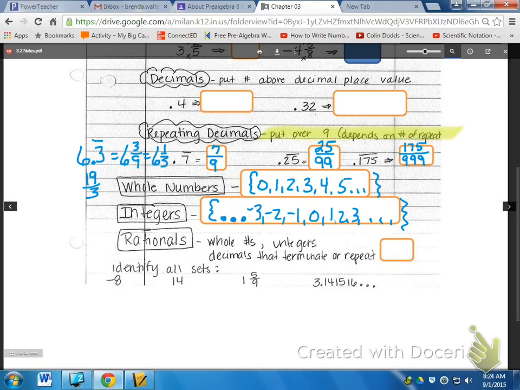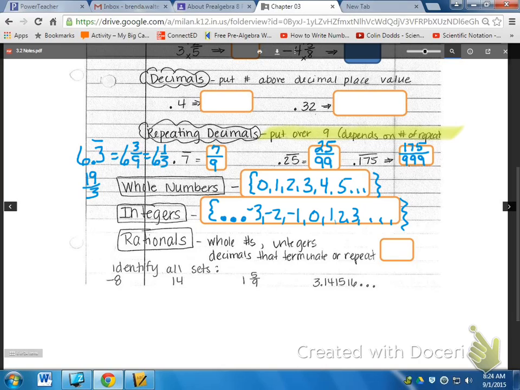So any number positive or negative that doesn't have any decimals or fractions is considered an integer. Just because it's an integer doesn't mean that it has to be a whole number. But if it's a whole number, it is automatically an integer. Does that make sense? All of the whole numbers fit inside the integer set.